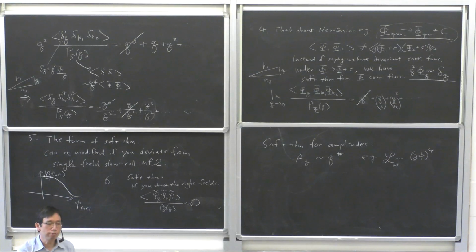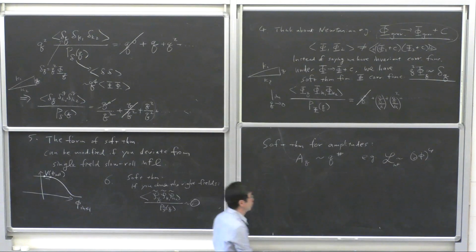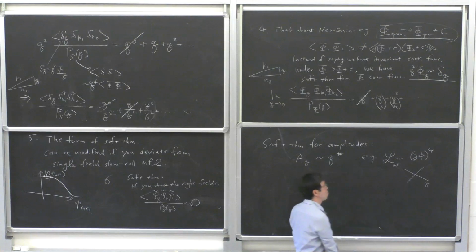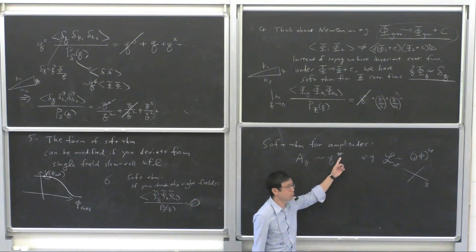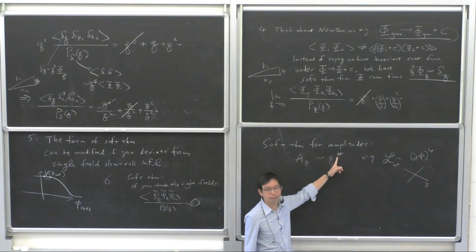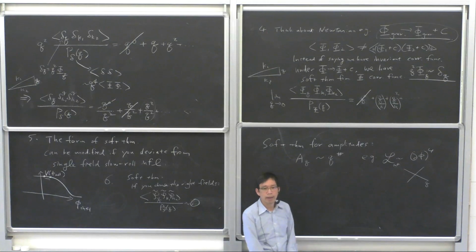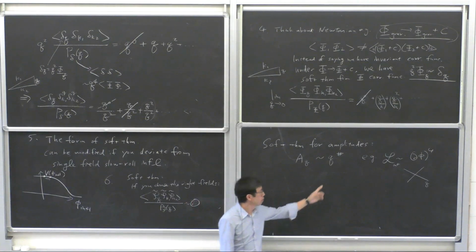If you have (dφ)^4 as your quartic interaction, suppose you compute the 2 to 2 scattering amplitude, and one of the legs is soft, Q. I hope you can see what that power is. Just guess what that power is for that theory. 1, no? It will be 1. So this exponent will be 1 for that theory. And you can imagine that for different theories, you will get different exponents. That's not surprising.